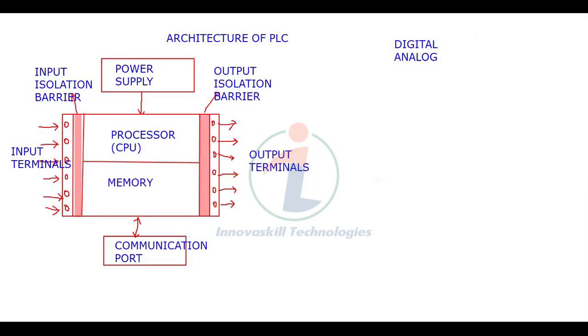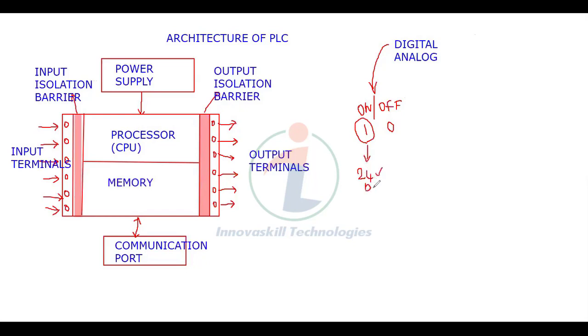Generally, digital will have only two statuses, either it will be on or off. If it is on, the status will be taken as 1. If it is off, it will be taken as 0. If it is on, the PLC will be receiving 24 volt DC.